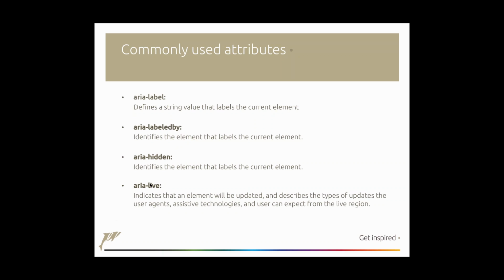Normally a screen reader will interpret the page once, and after it's done, any update on the page will not be spoken unless you add an area live attribute. In that case, you can tell the screen reader, if this element or descending elements are updated, please speak up the changes.